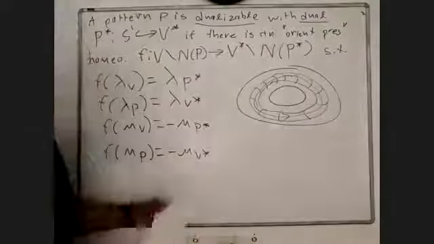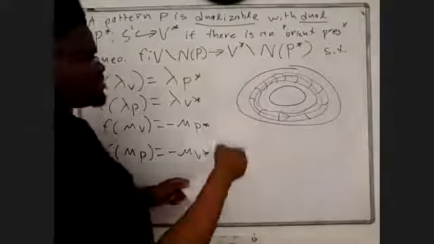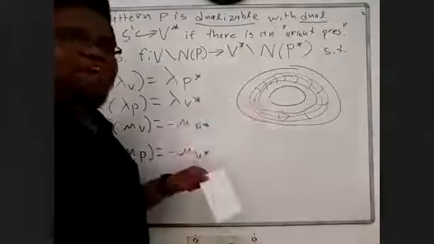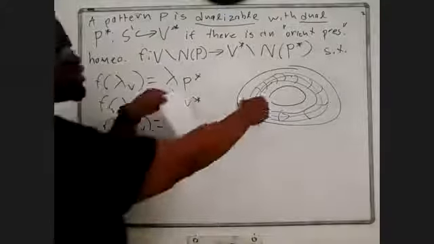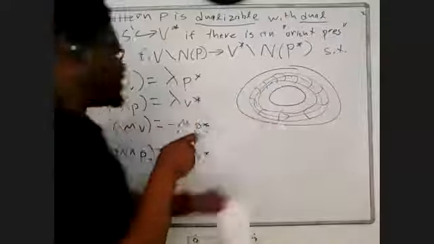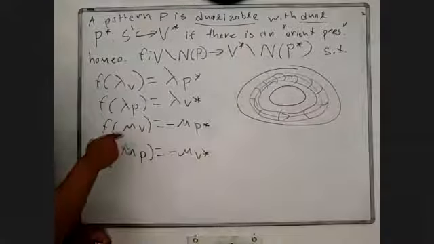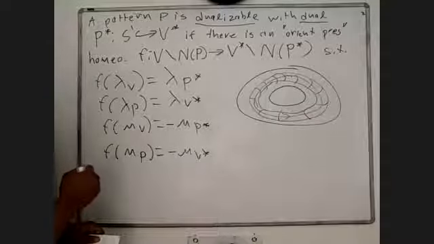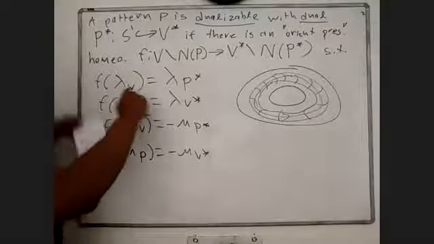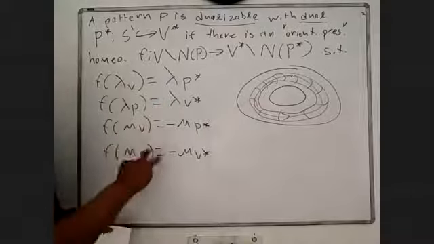And if I drill out that neighborhood, I get two boundary components, which are both tori. And the idea is that this homeomorphism is going to switch the inside and the outside. That's why you go V's to P's. And it's going to switch it in such a way that the longitudes get mapped to each other exactly, but the meridians get swapped.